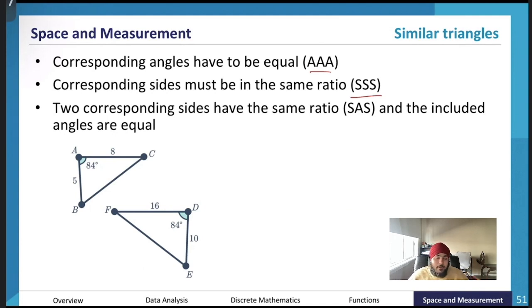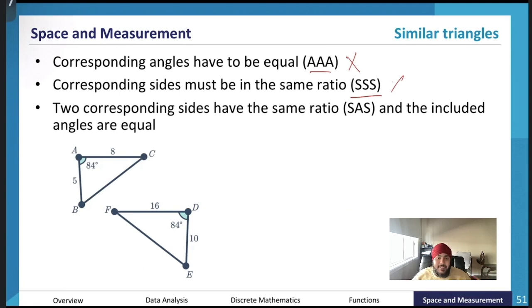So for example, if we look at these two shapes, we can't deduce that they're similar based on AAA, because we don't have three angles or even two angles. We can't deduce that they're similar using SSS either, because we haven't been given three sides. So therefore we have to use SAS in this case.